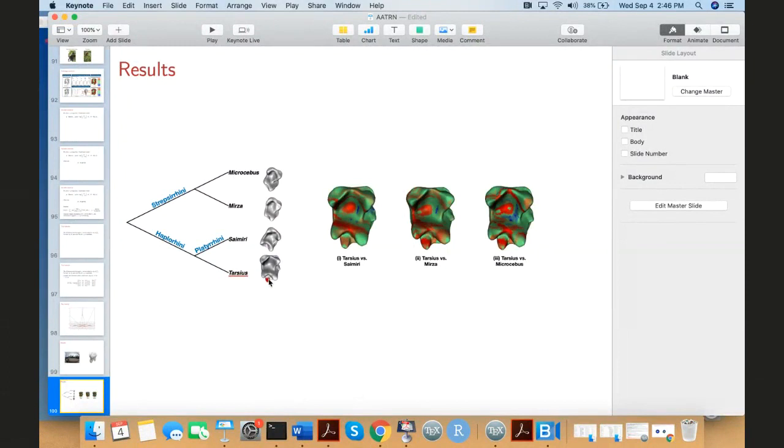And we know that it's slowly lost as you go evolutionarily further away. So what we're showing is some notion of evolutionary distance. I'm showing the most common ancestor. And so what we did was we compared the tarsier to the saimiri, the tarsier to the mirza, and the tarsier to the microcebus. And these are all, by the way, monkeys.